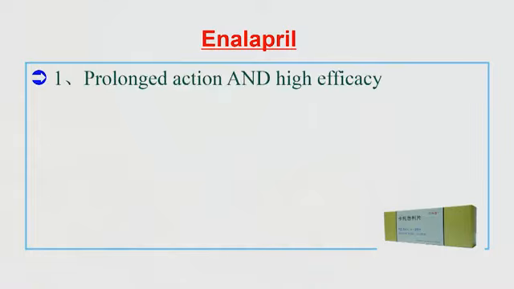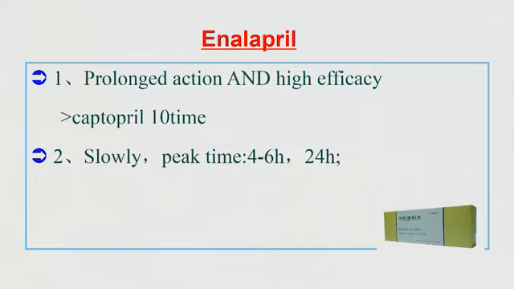Compared to captopril, enalapril is more powerful and longer acting, about 10 times more than captopril. And the second feature, enalapril has longer activity and higher efficacy than captopril. The half-life is more than 24 hours.